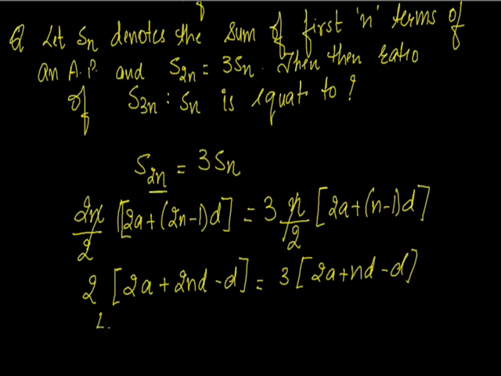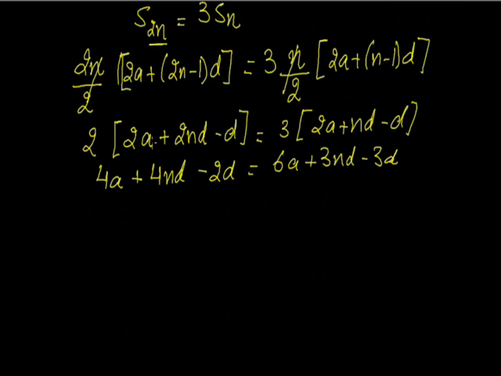When solved, we get 4a plus 4nd minus 2d equal to 6a plus 3nd minus 3d. When we simplify this equation, we get 6a minus 4a is equal to 2a, 3nd minus 4nd is equal to minus nd, and minus 3d plus 2d, that is minus d. From here we can write it as 2a minus n plus 1.